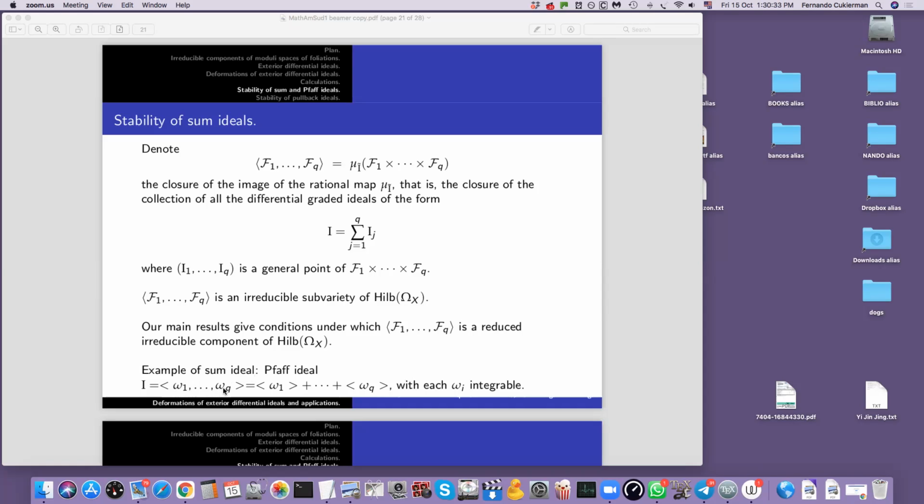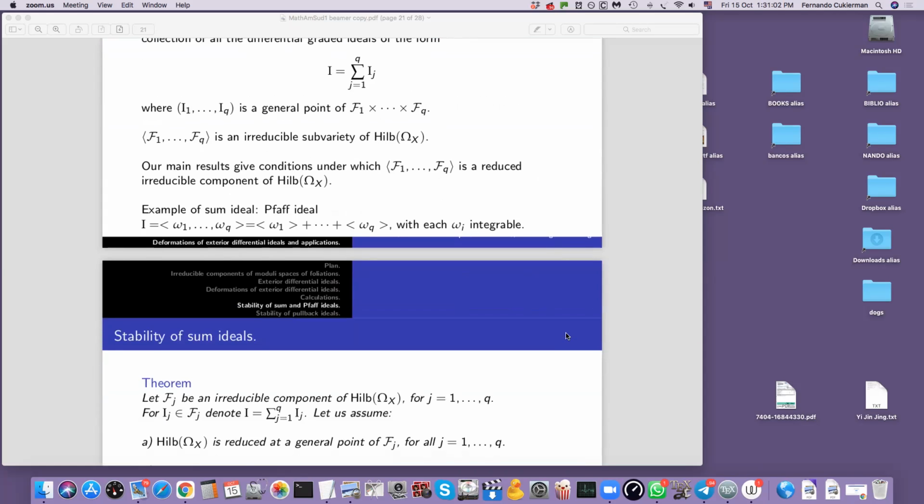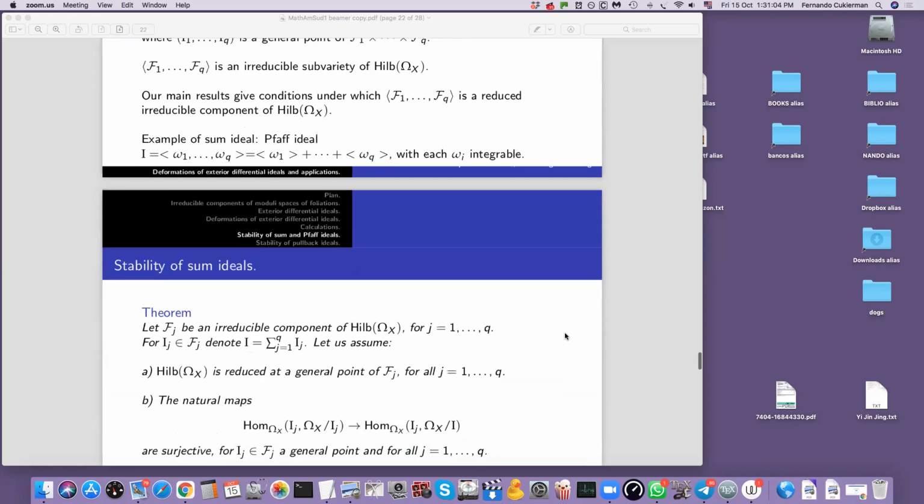Okay, the theorem of Omega-Calvo is only for Q equal to 1. So one application will be that we can take an ideal like this and say omega-1 varies in one component, omega-2 varies in another component of one-forms, and then all this, under some hypothesis, will describe a new irreducible component of codimension Q. Okay, so this is basically the result.